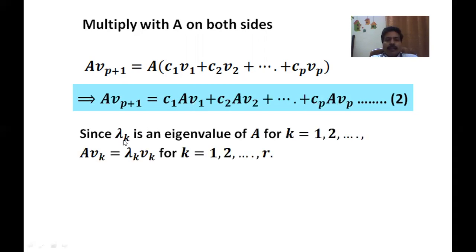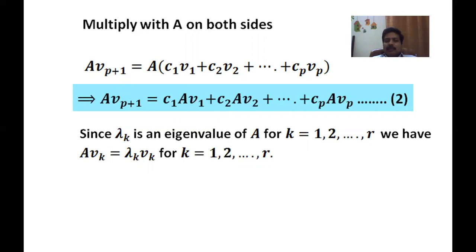Since lambda k is an eigenvalue for A, for k equal to 1, 2 and so on up to r, we have A vk equal to lambda k vk. Here lambda 1, lambda 2 and so on up to lambda r are eigenvalues. So as per the definition, A x is equal to lambda x.